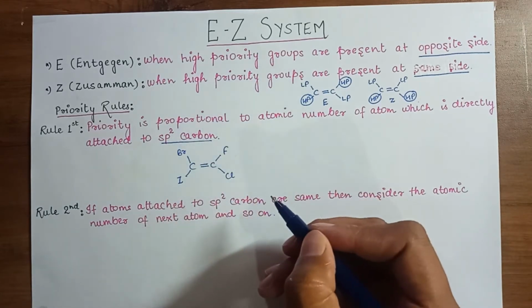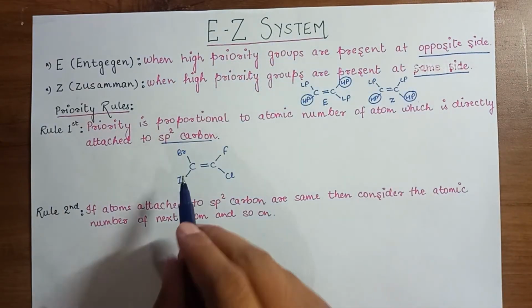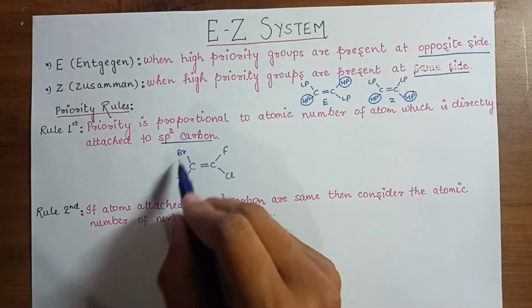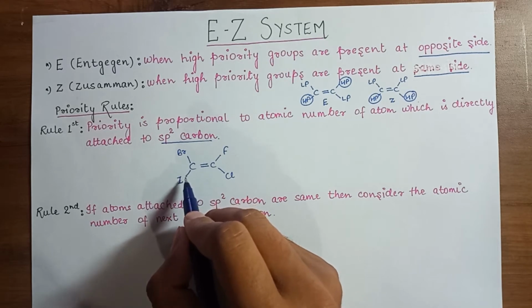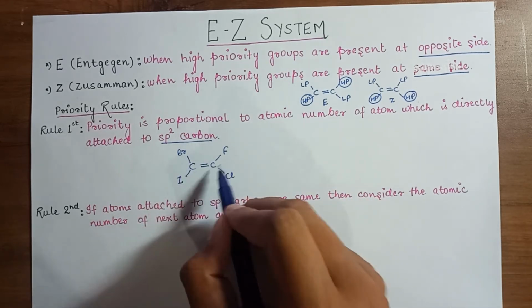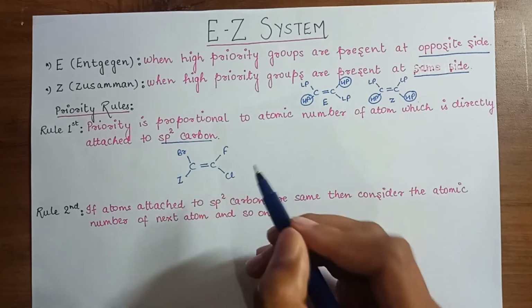As we have discussed, the EZ system comes under geometrical isomerism, so first we have to identify whether it is geometrical isomerism or not. If the two groups attached to the sp2 carbon are different, then it is geometrical isomerism. Look at this carbon, two groups are different, and at this carbon, two groups are different. So it is geometrical isomerism.